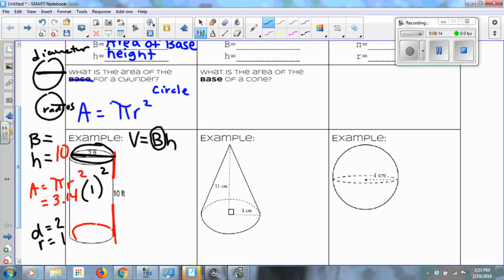Now let's put this into our calculator after we write down and organize our information in our formula. I'm replacing the big B with what I just found, and let me show you how to calculate that. Here's our calculator.